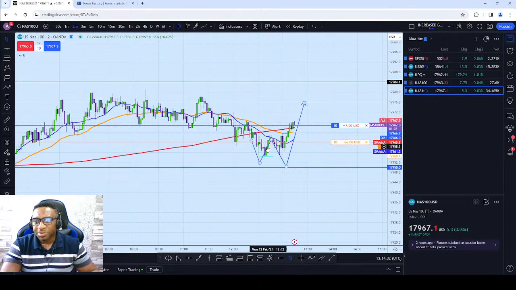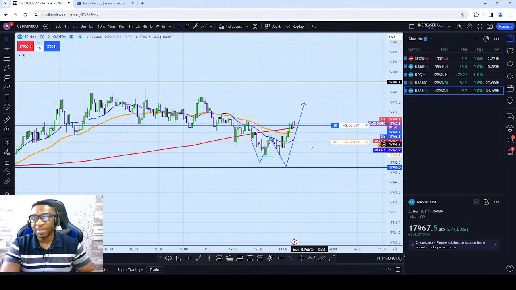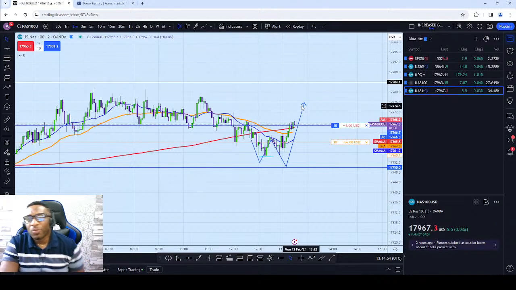Even though sometimes you build such a beautiful scenario, you could still get kicked out, depending on how quickly this moves to our target before the US market opens. If the US market opens, it could be a very fast movement, which we want to hit our target before.